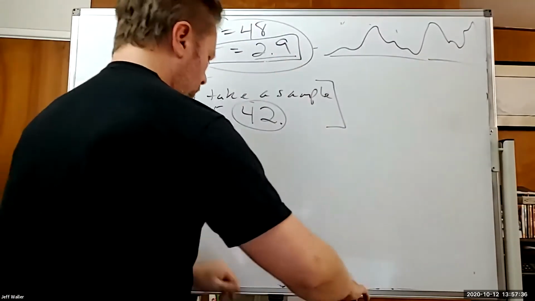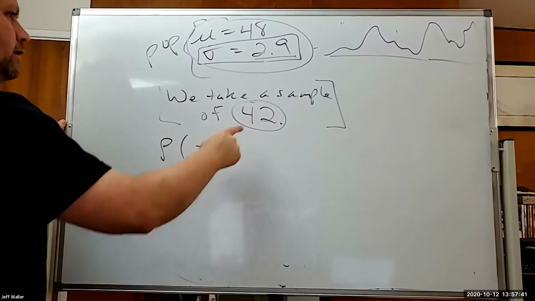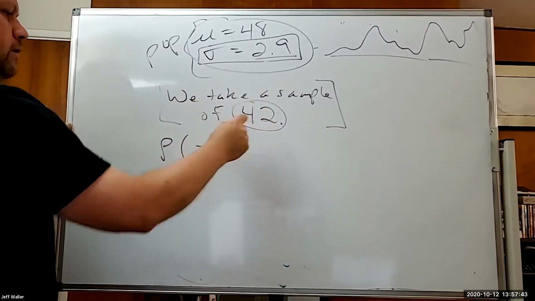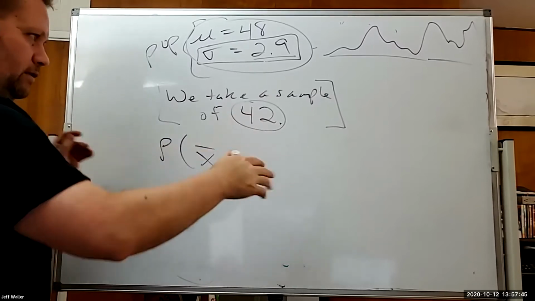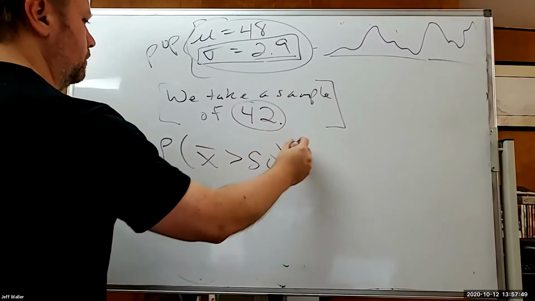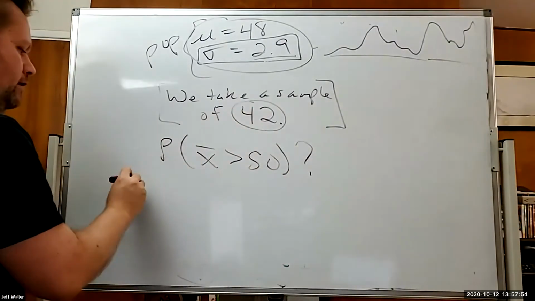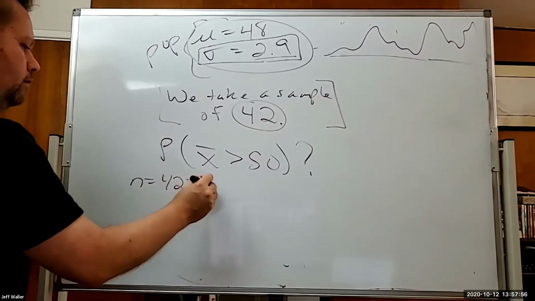So in this problem, if I ask you, what is the probability that the sample mean of the 42, the probability that the sample I took has an average greater than 50? I can do this problem since n is greater than 30.